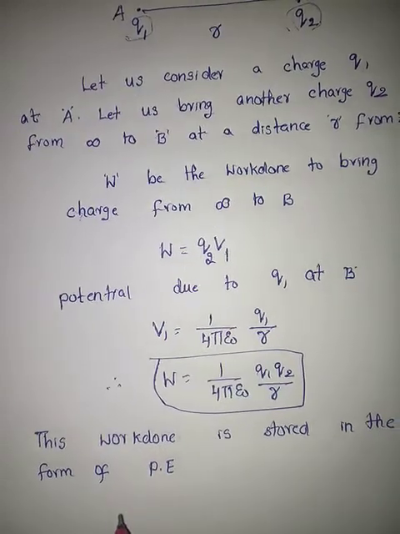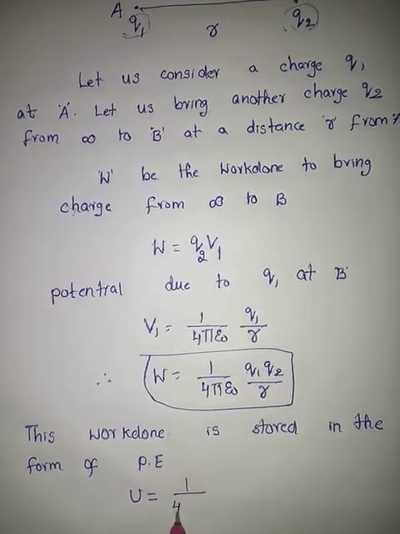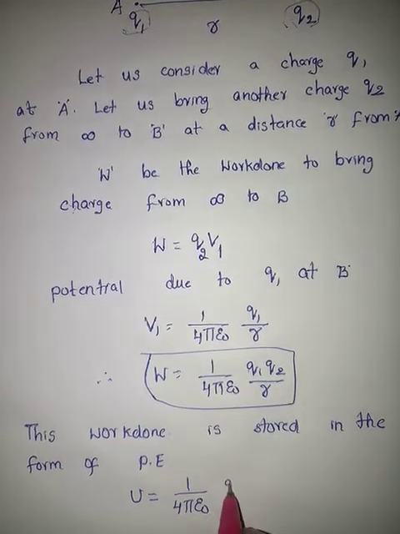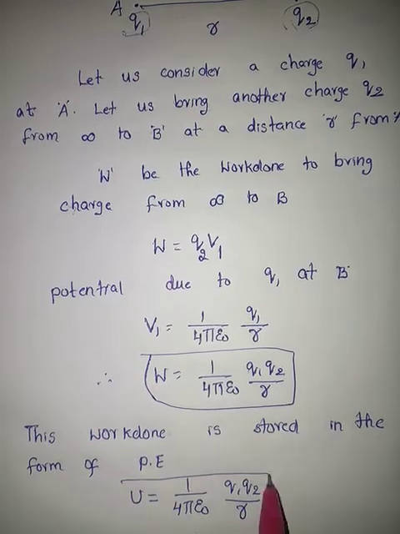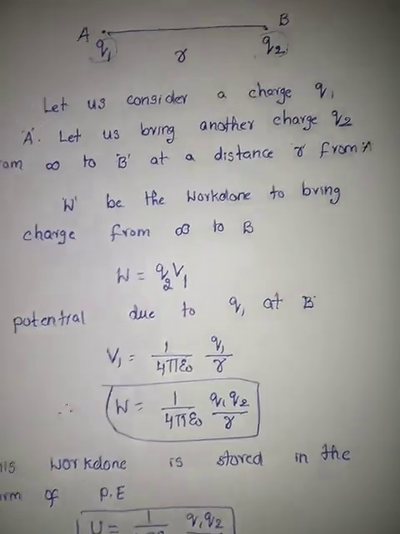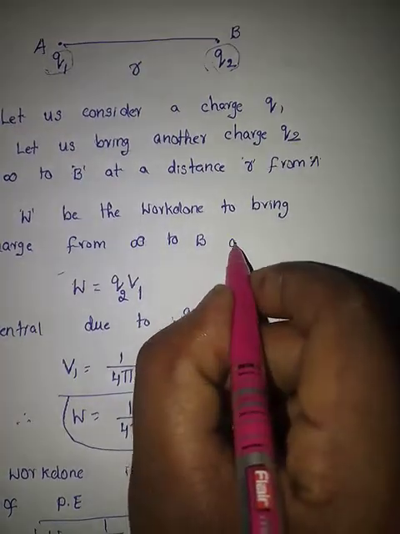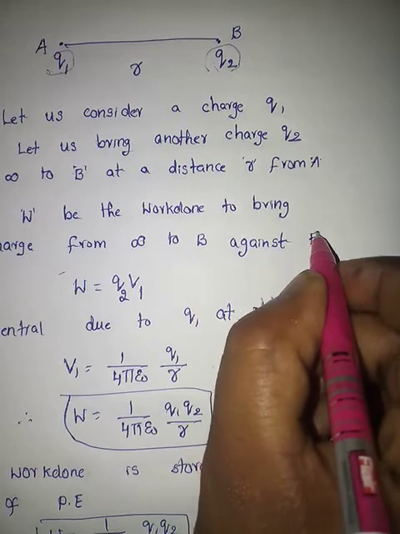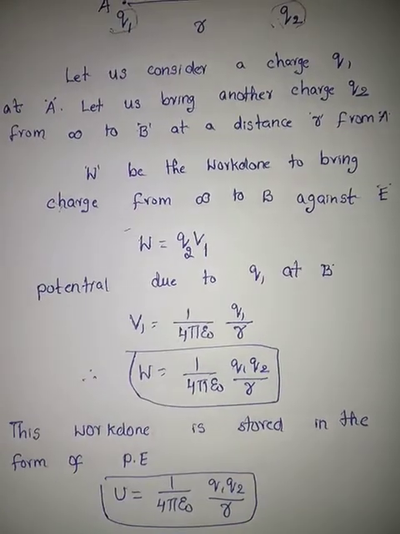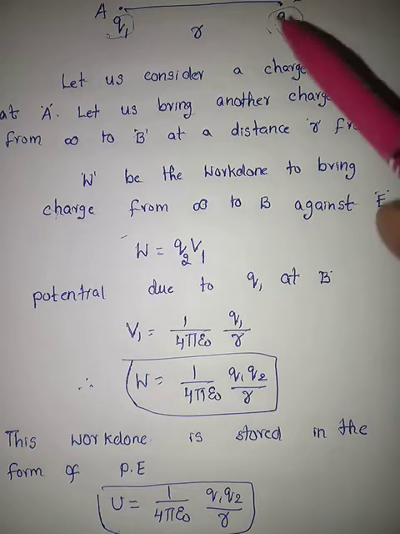Therefore, U equals W. U equals 1 by 4 pi epsilon naught Q1 Q2 by r. Here we have to state the condition that the work done is considered against the electric field or against the charge. Then only can this be written as W equals U.